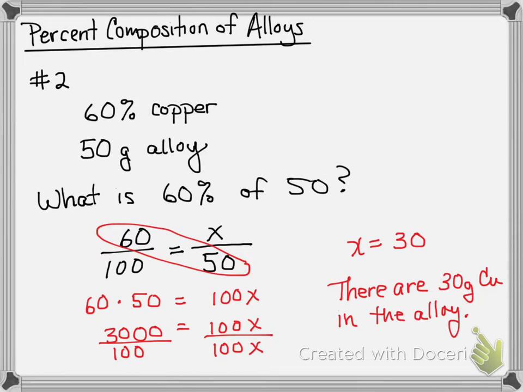So now I'm going to skip ahead to number 8. Number 8 says, determine the percent composition by mass of oxygen in iron 3 oxide. Okay.